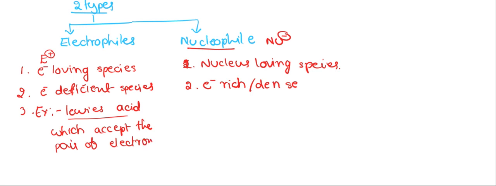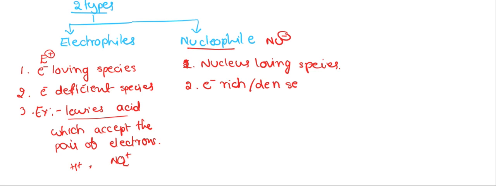For example, H plus has no electron, so it will accept an electron pair and make a bond with something else. Another example is NO2 plus, which has a deficiency of electrons and will make a bond, so it acts as an electrophile.